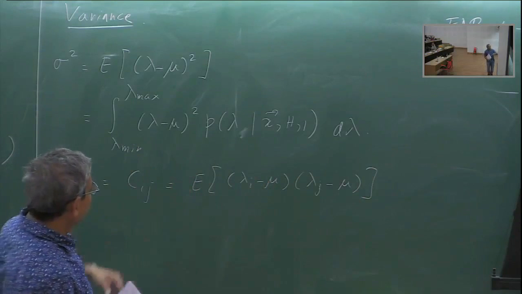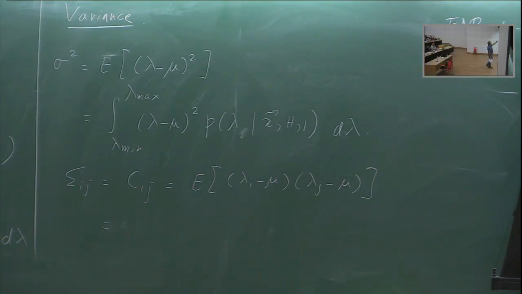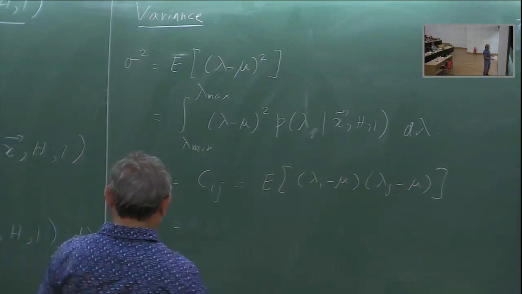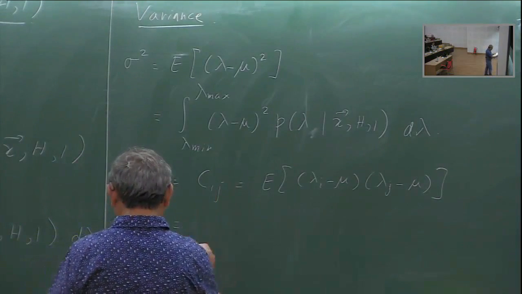Then you have to use the full probability distribution, the entire one, right? And marginalize over all the uninteresting parameters plus this one as well when you compute the expectation value.